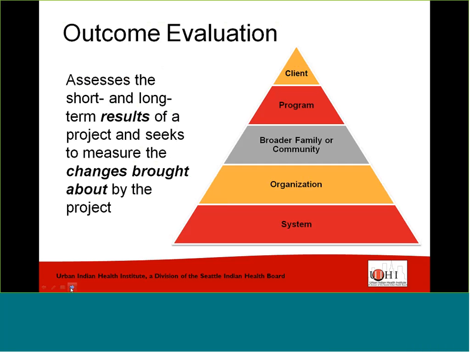Quality evaluations examine outcomes at multiple levels of the project, including individual client-focused outcomes, program, broader family or community outcomes, organizational outcomes, and systems-level outcomes. Evaluations can focus not only on the ultimate outcome expected, but also attempt to discover important interim outcomes or unexpected, unanticipated impacts.